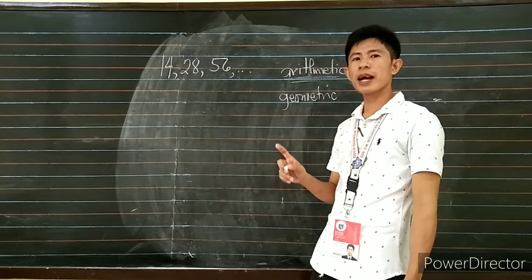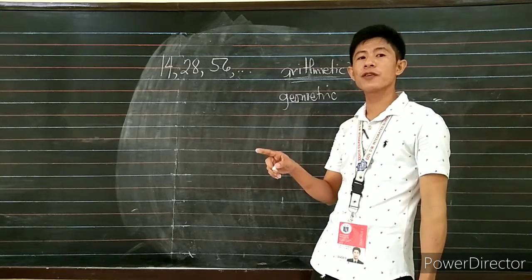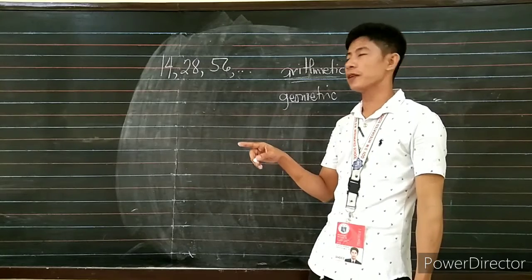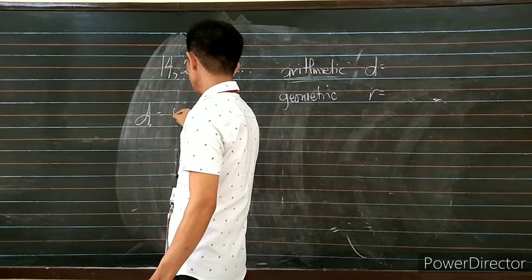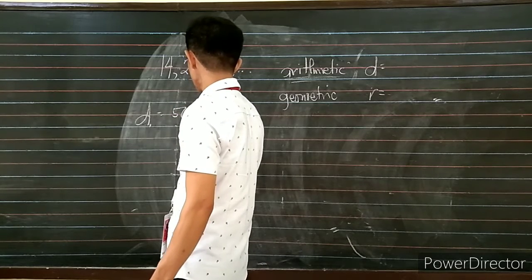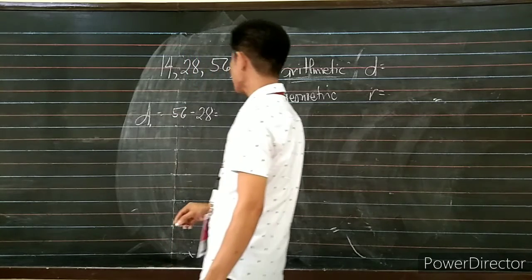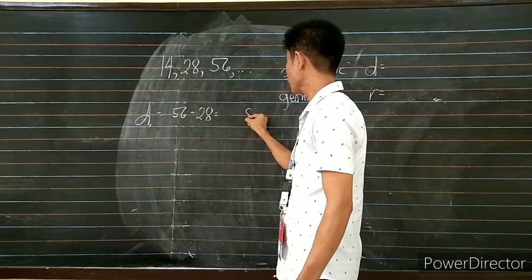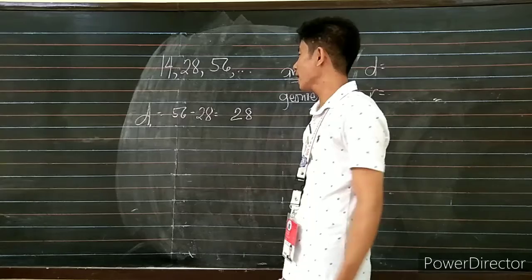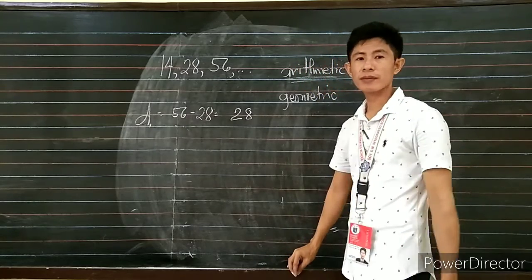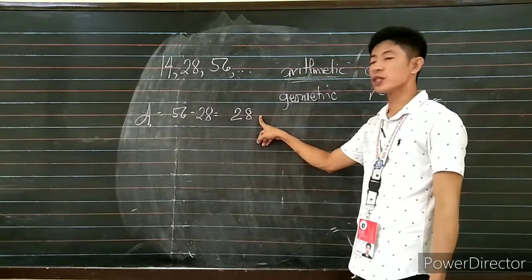Let us first find the difference of the two consecutive terms. We have for the first difference, 56 minus 28. That is equal to 28. The first difference is 28.